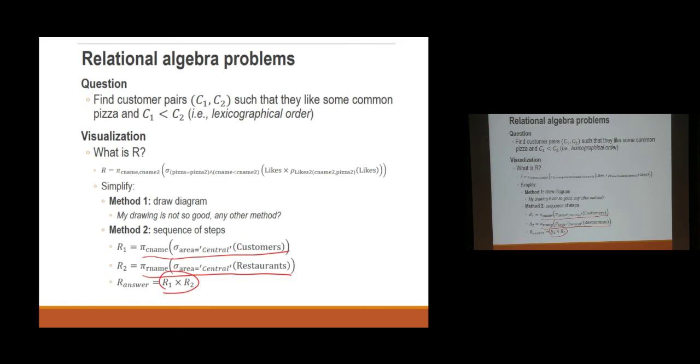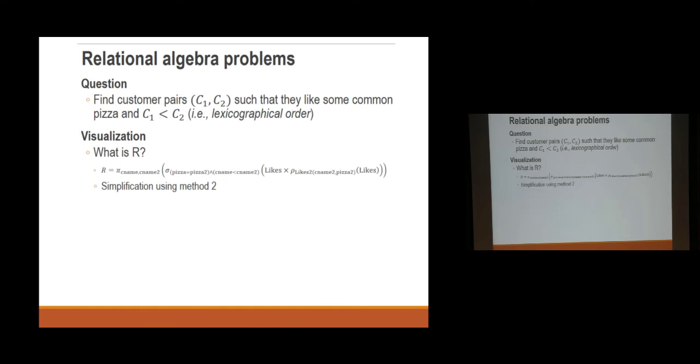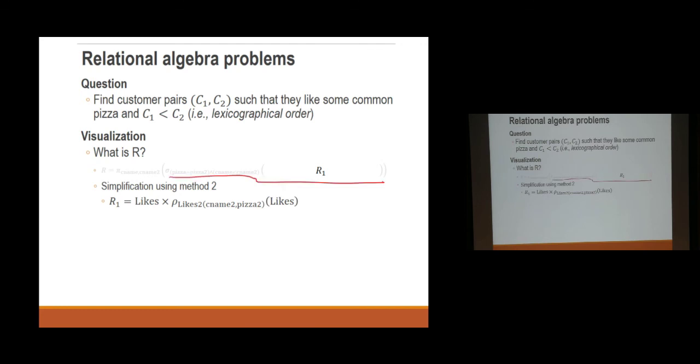Okay? And if we look back at this particular instance, we look at the inner one. We say that this is R1. Right? And because this is R1, I can erase that and then say that this is R1. Now R2 is basically this, including R1, but you operate on R1.